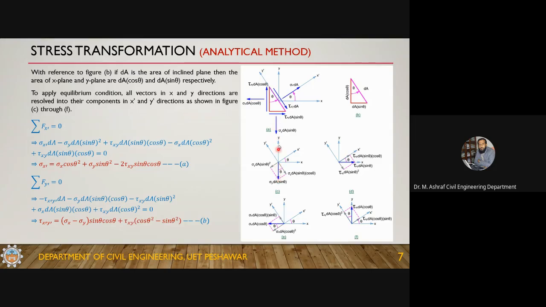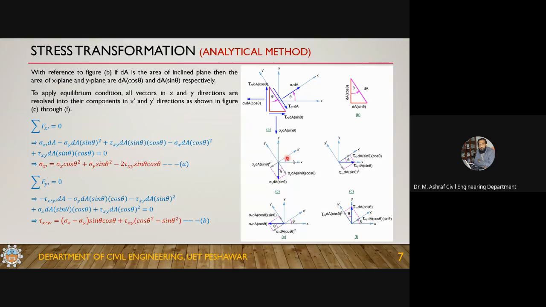This is the force sigma y dA sine theta. I know the angle between x and x prime. This one is along y prime and this is along x prime, so if this angle is theta, then this is also theta.